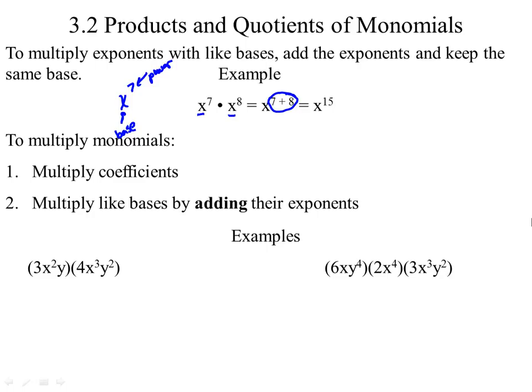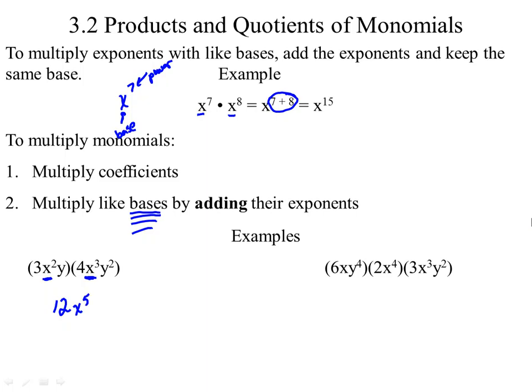Well, when we do throw the coefficients in, you have 2 steps. Number 1, multiply all your coefficients together. Those are the big numbers up front. So we have 3 times 4, which is going to be 12. Then you're going to multiply like bases by adding their exponents. So here we have an x squared times an x cubed, which is going to give me x to the 5th.